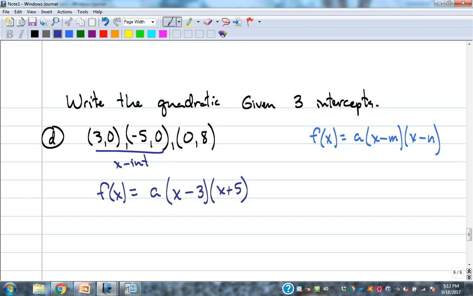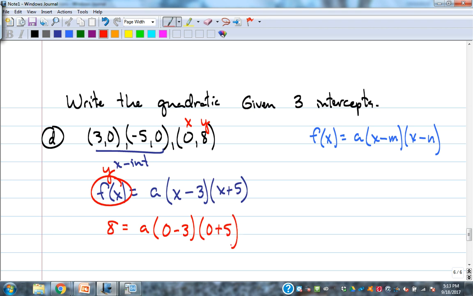What have I not used yet? The Y-intercept. I'm going to use that to find a, okay? Because this is an x value and this is a y value. So everywhere there's an x, I can put a 0, and everywhere there's a y, I can put an 8. Where's there a y? f(x). This is y. So that's 8 equals a(0 - 3)(0 + 5).